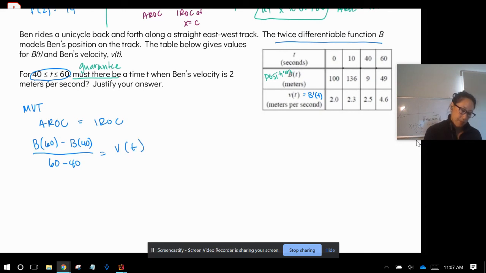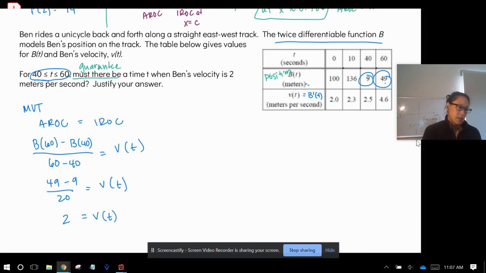So at what time? Next up is to substitute. So b of 60 is 49. b of 40 is 9, over 20 is equal to v of some value at some time. Okay. So 40 over 20 is 2, v of t.